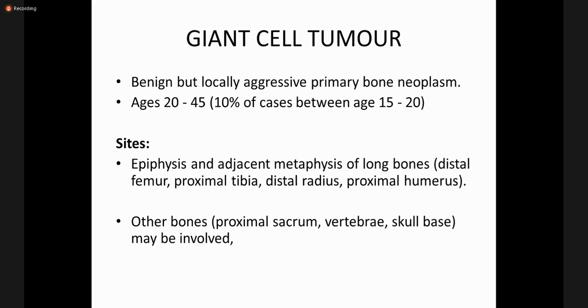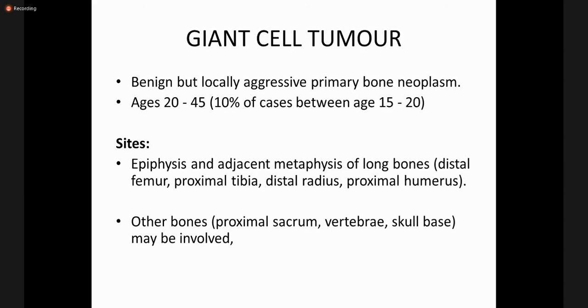The common sites for involvement of giant cell tumor are the epiphysis and adjacent metaphysis of the long bones. It could be femur, proximal tibia, distal radius, and proximal humerus. Other bones involved are the sacrum, vertebrae, and skull base, but frequently in the giant cell tumor, the long bones are involved.